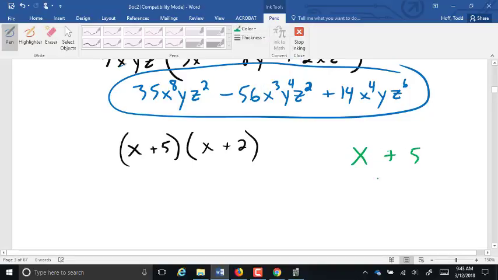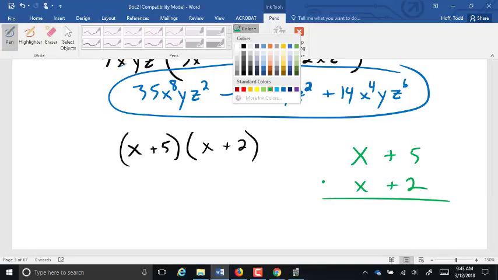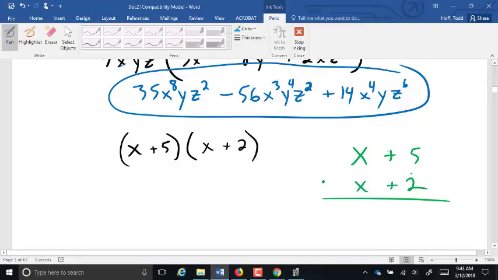We can write them out and multiply. We have 2 times 5, which of course is 10, positive 10. 2 times x is 2x. We're finished with that digit, so we're going to move over to the next one. So I'm going to leave a blank down here.